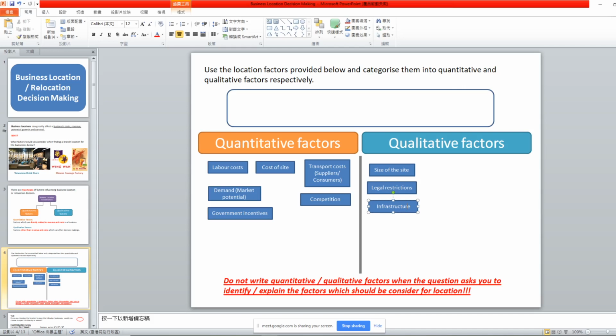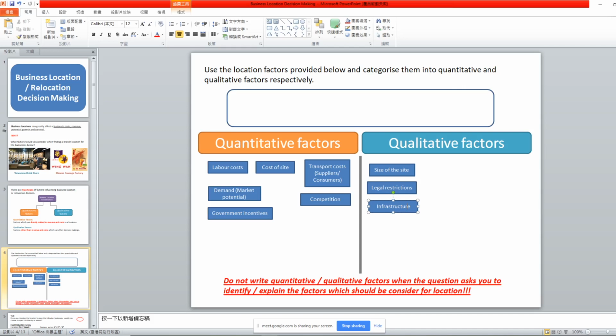If that's the case, then that will be in a very gray area. It could be a quantitative factor or a qualitative factor. If tax is the problem, then it's more like a quantitative factor, because if you are going to different places for your business, there will be a different scale for taxes. Then it will be more like a quantitative factor.